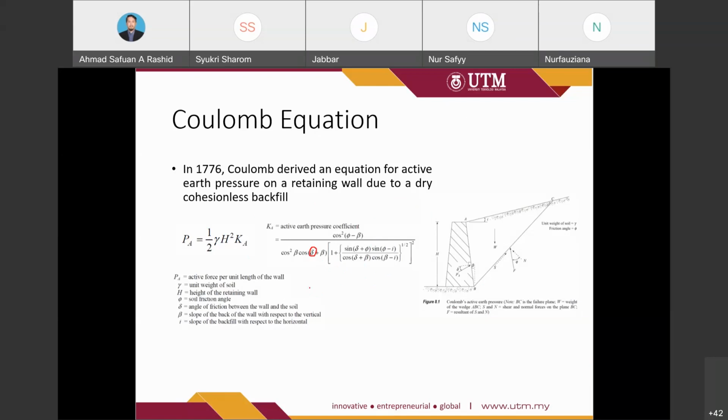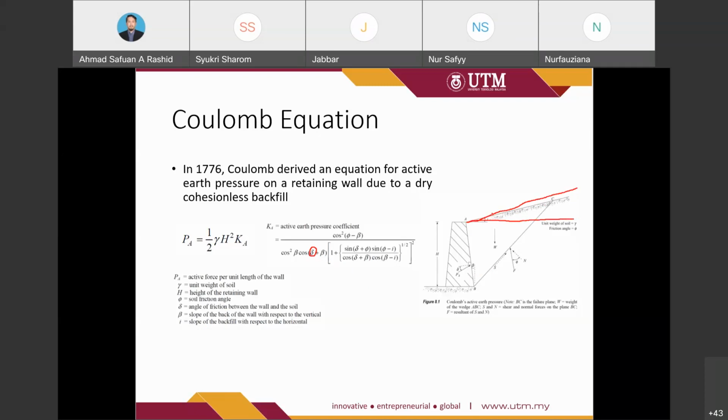In addition, he also includes the i, which is the slope of the backfill with respect to the horizontal. So for example, the backfill has a certain slope. It is not a flat backfill.